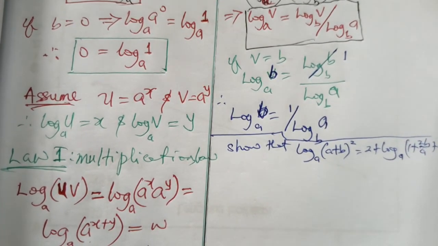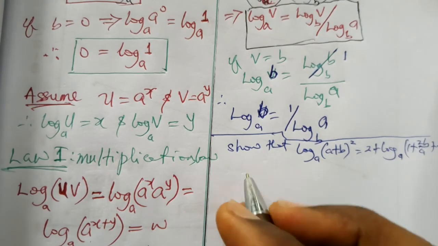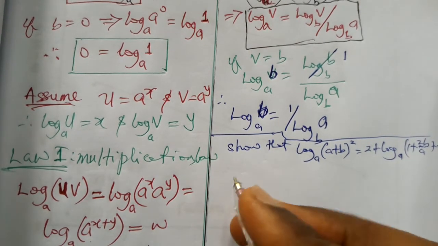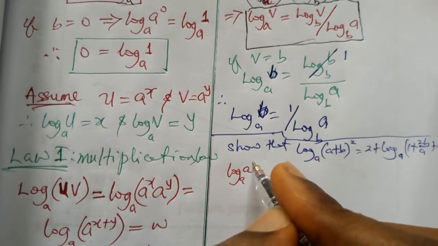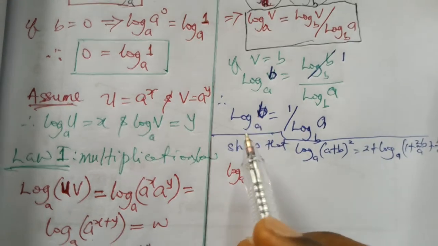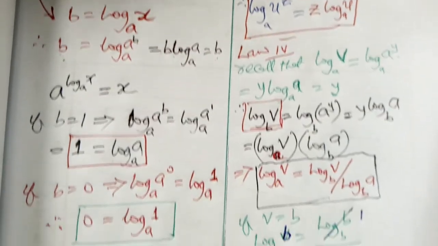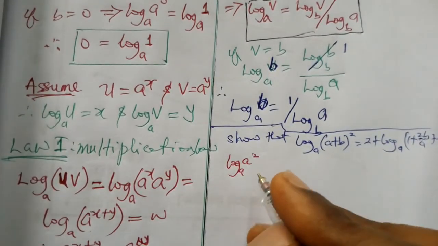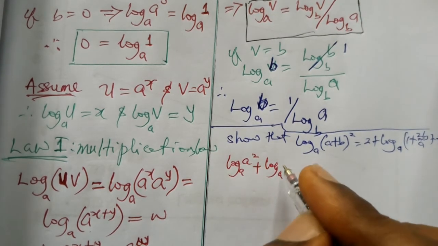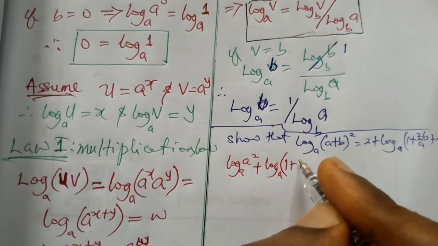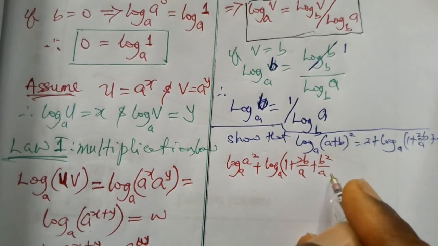In order to show that, we start from the right hand side. In order to put the log there, we must have something like log a squared to give us this first term. So if we do that, plus log of all the other thing in the bracket, 1 plus 2b over a plus b squared over a squared.